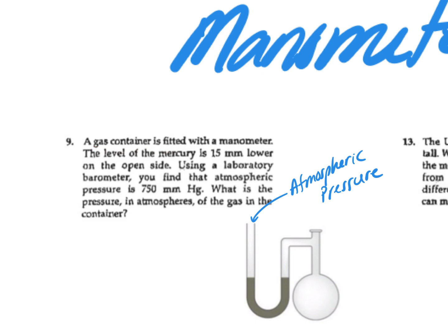A gas container is fitted with a manometer. The level of the mercury is 15 millimeters lower on the open side. Okay, so I'm going to redraw this to reflect what we just saw here.